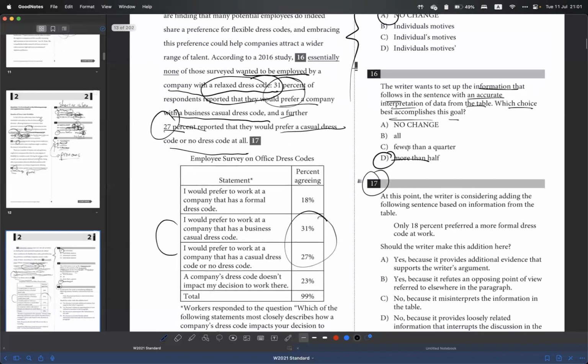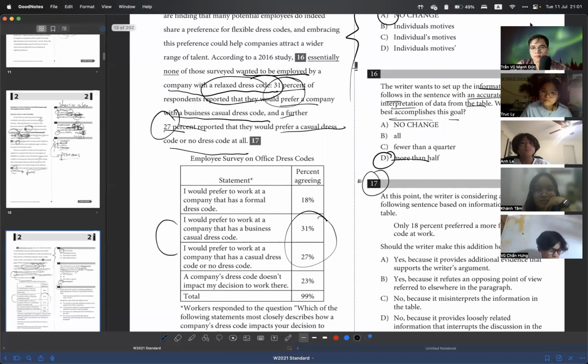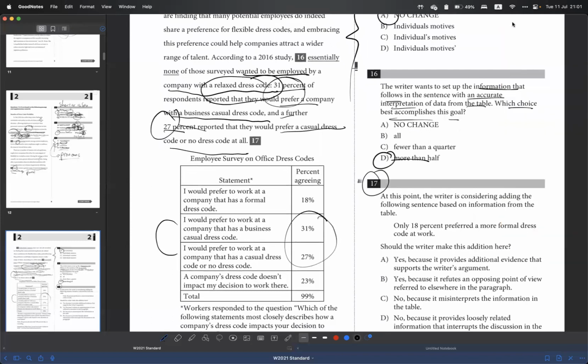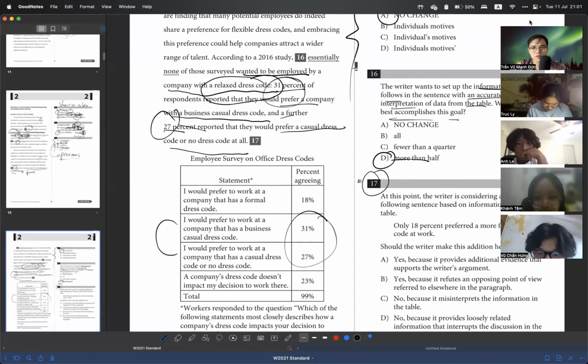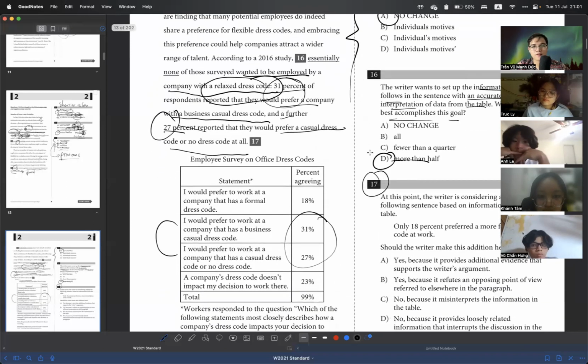17 is very new and very difficult. Can you do it, Hung? I choose A. Firstly, why did you choose to add it? Does it give any additional information? Is it related to the paragraph?